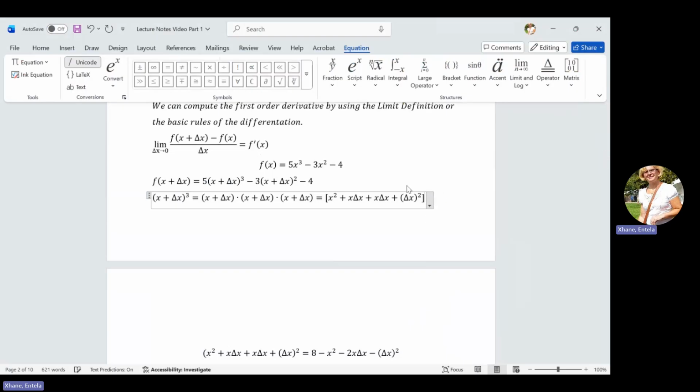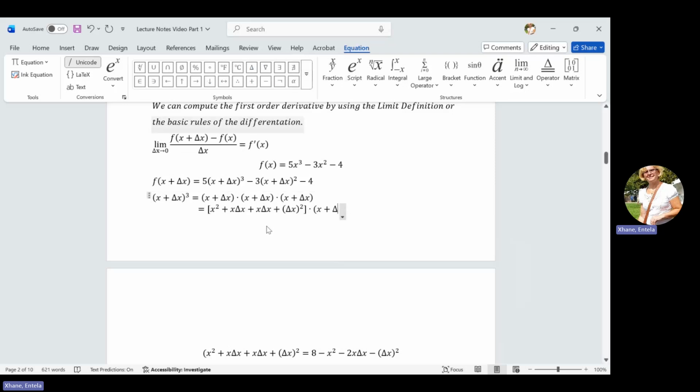And now I still have to multiply. This is FOILing the first two. I'm hoping you're following me. So if I multiply x plus delta x by x plus delta x, that's the expression, okay? That's what I did when I squared it. Square is multiplied by itself. And then I still have to multiply by the third.